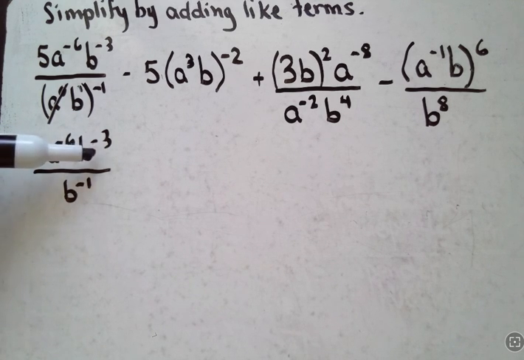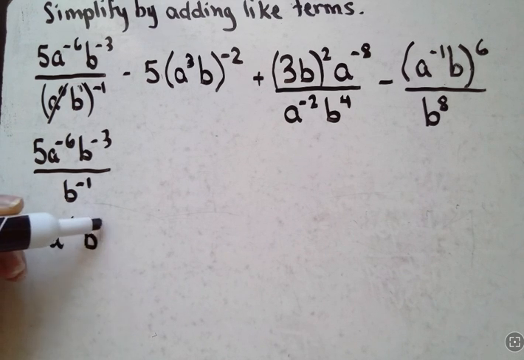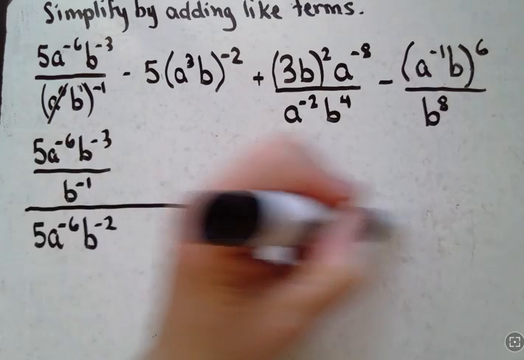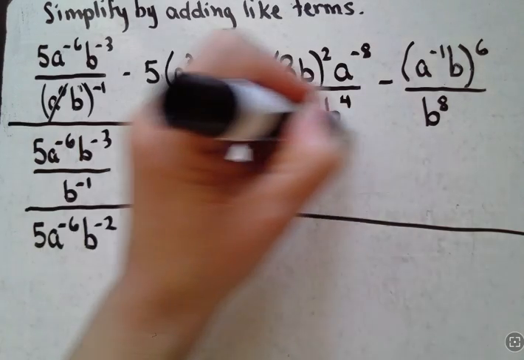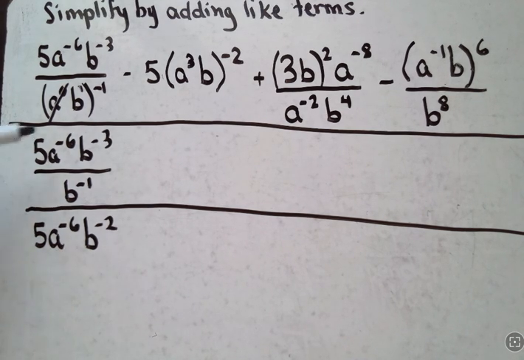So I have -3 minus -1, which would be -2. So I can simplify again and get 5a to the -6, b to the -2. So I've simplified it twice already. I'll put a little line here. So this is as simplified as the first term can get.